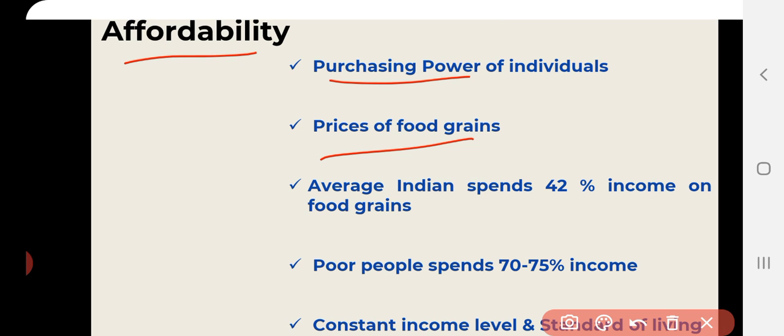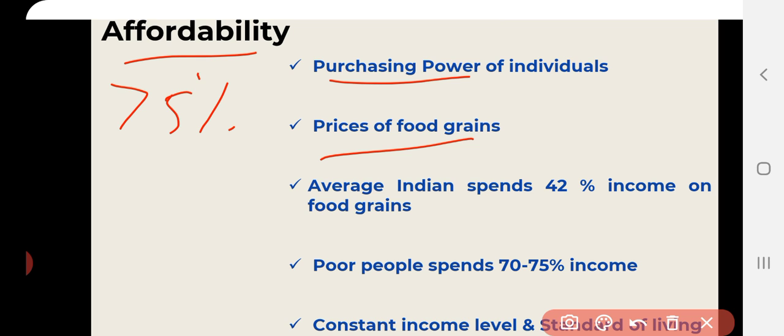In India, near about 42% of the income the average Indian will spend on food grains. Particularly the lower income group people, the poor people, they spend 75% of their income on just food grains.